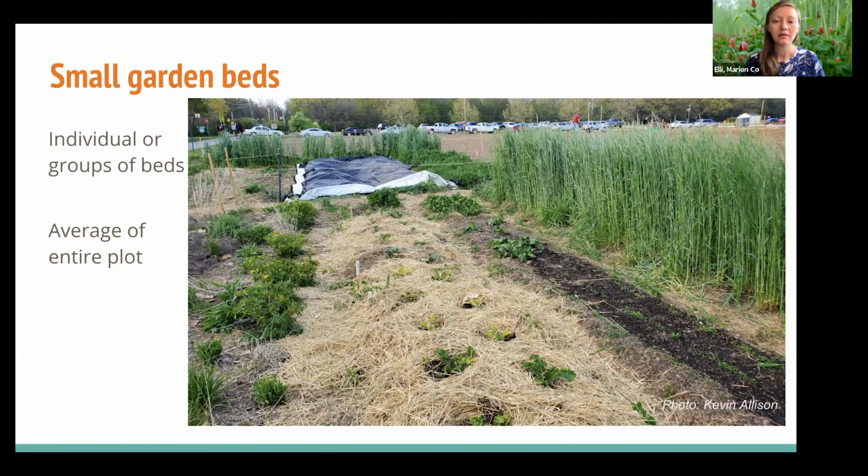If you want to know an average of the entire bed, you can take samples from individual beds, mix them together, and get an aggregate sample. Or if you want to know what's happening in each bed and monitor that over time, take individual samples and get results for individual beds.